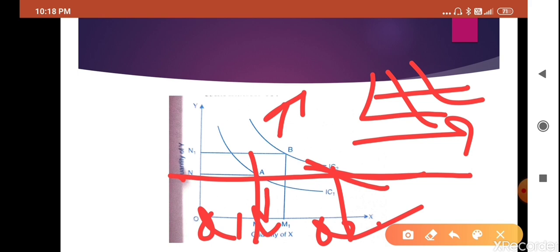So the indifference curve which is shifting towards the right shows a higher satisfaction level. It is very clear, if the indifference curve is higher, the satisfaction level will be higher. Why? Because when the curve shifts rightwards, it has more quantity of the commodity, and more quantity of commodity or more consumption means more satisfaction to the consumer.